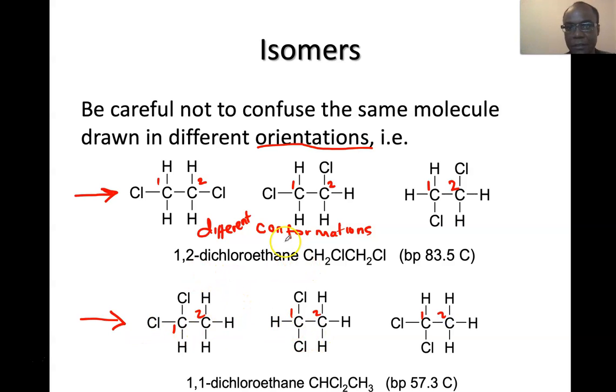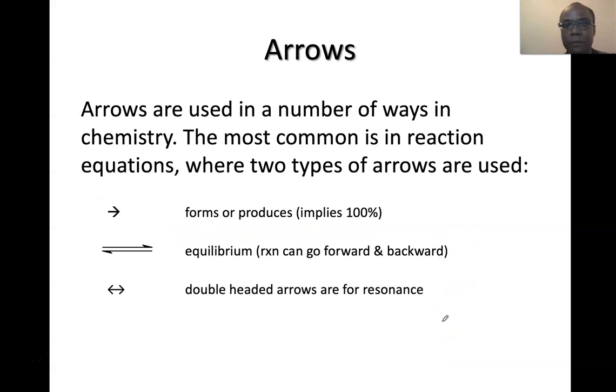They are not isomers. So be careful not to confuse the same molecule drawn in different conformations or orientations. You see, the boiling point for all these 3 will be the same, 83.5. The boiling point for these 3 will be 57.3, which means the same boiling point.